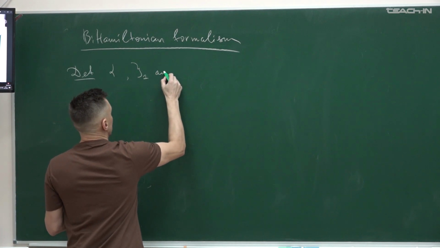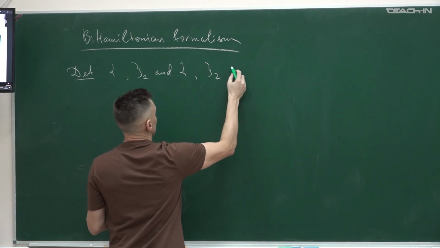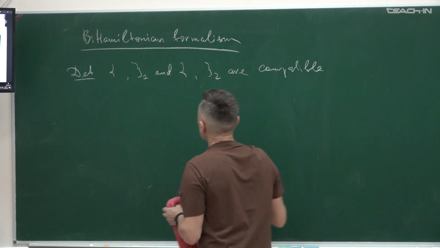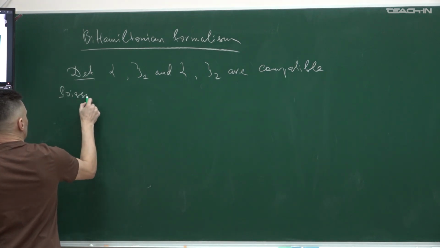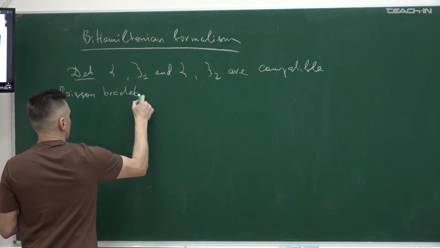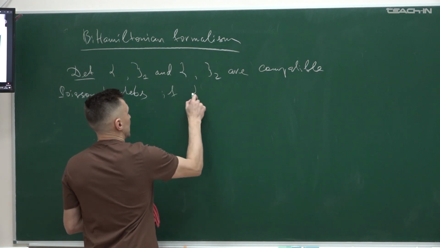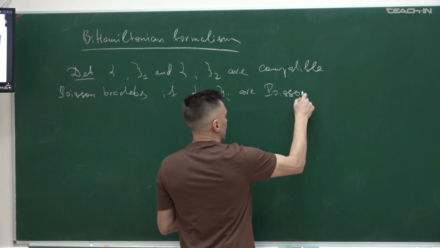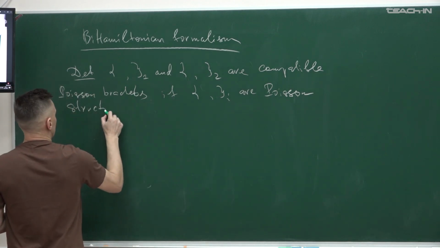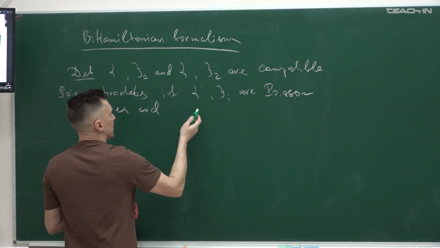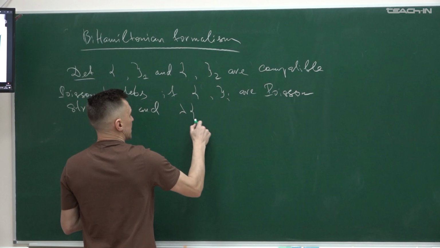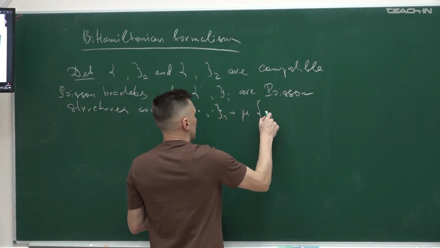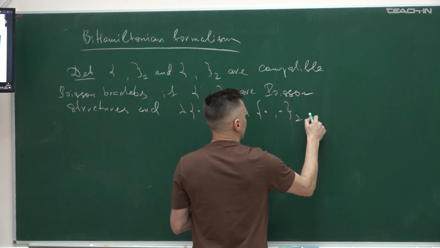Two brackets, two Poisson brackets are compatible Poisson brackets if both are Poisson structures and a generic linear combination of them is also a Poisson structure.